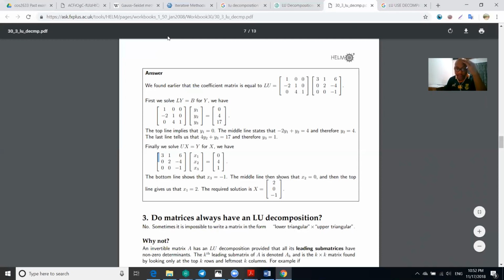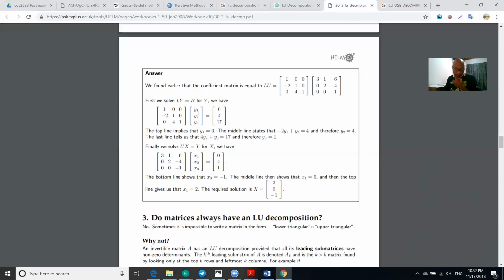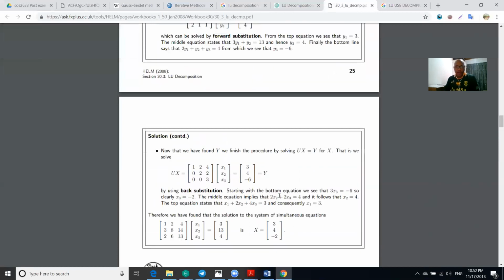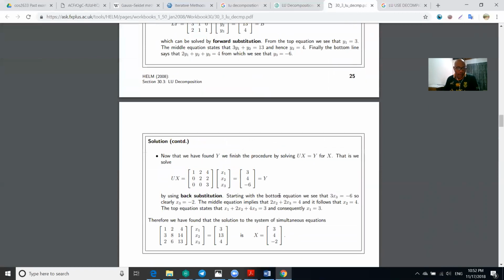Can I understand how they get from here to here? They told us Ly equals B and Ux equals y. So how do they get this? Let's see with our LU here.